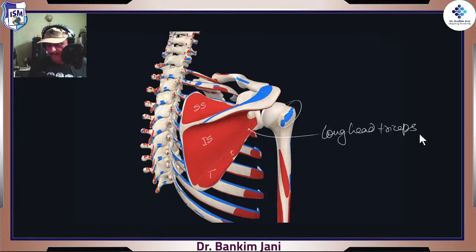These are supraspinatus, infraspinatus, and teres minor, because another S is on the opposite side. True. This top one, yes, we said completely dedicated to traps, right?